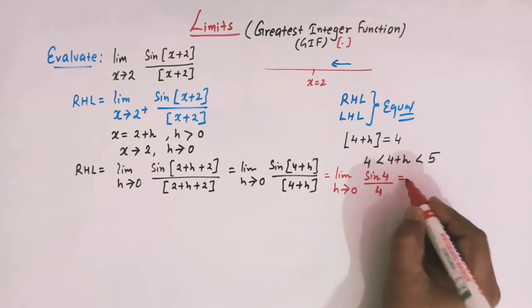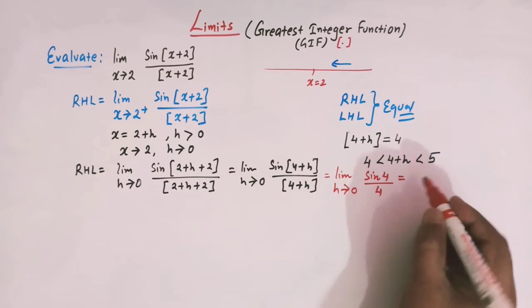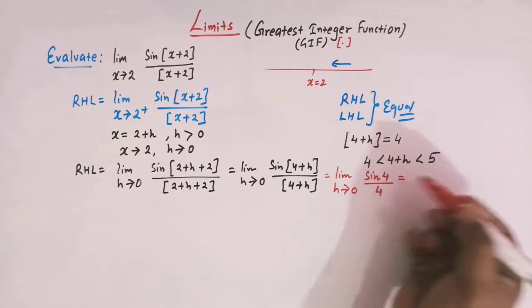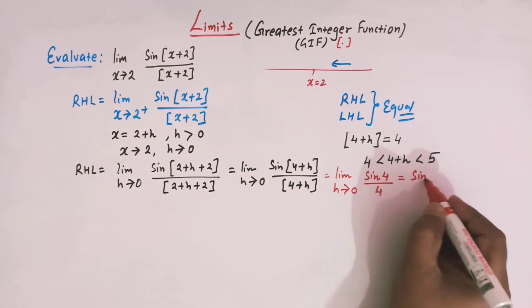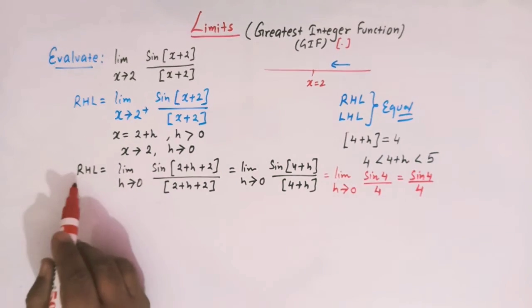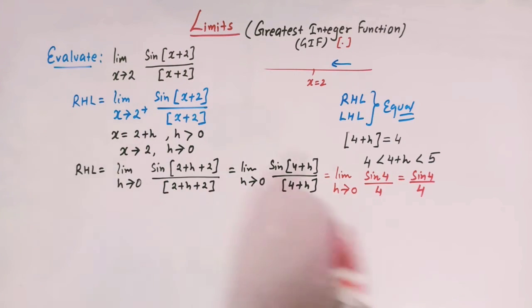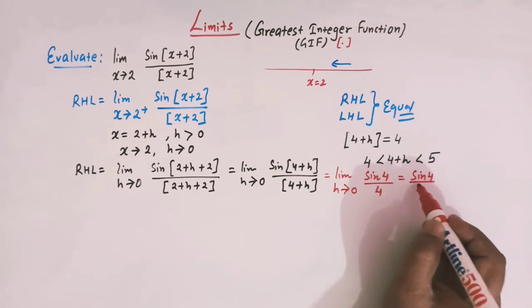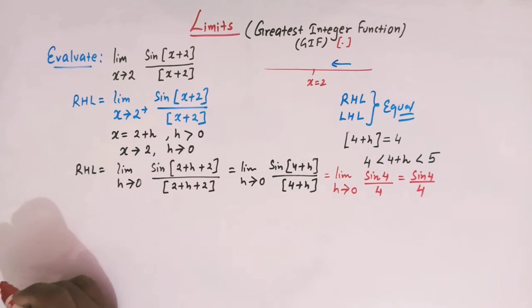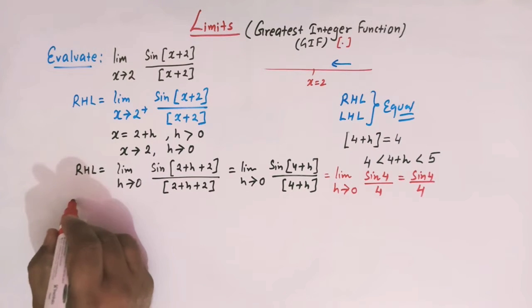Now here we do not have any term containing h, so this limit is obviously equal to sin 4 over 4. So the right hand limit of this function when x approaches 2 is equal to sin 4 over 4. Now viewers, let us find out the left hand limit.